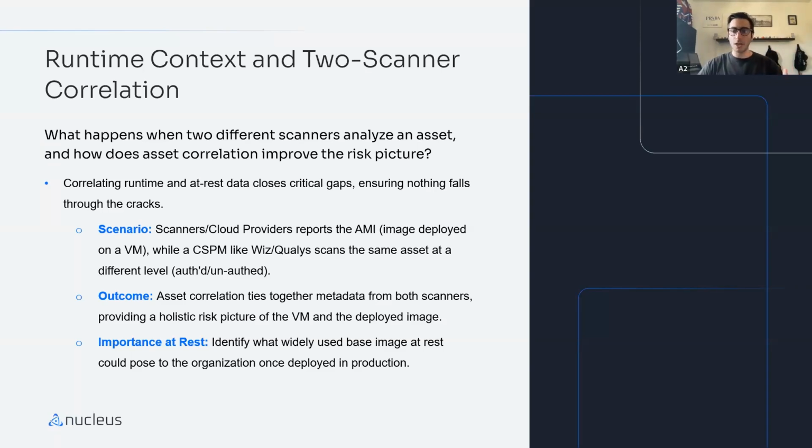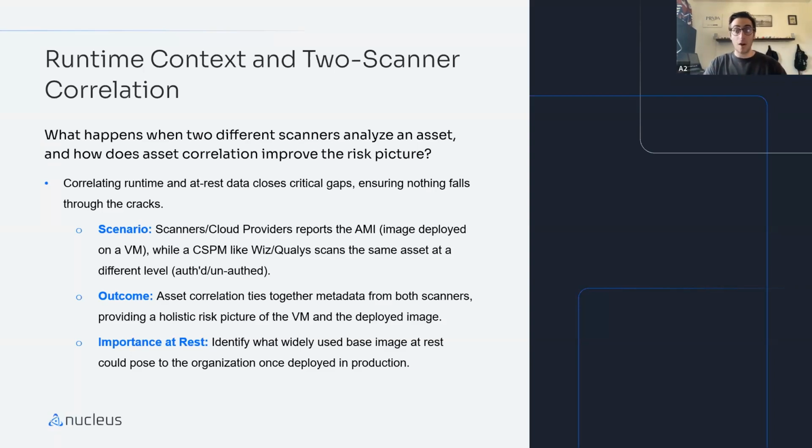So normalization is the ability to have all these different data sources share the exact same schema in Nucleus, so that when you're writing your rules and doing automation at scale, you don't have to write logic specifically into each individual data source.